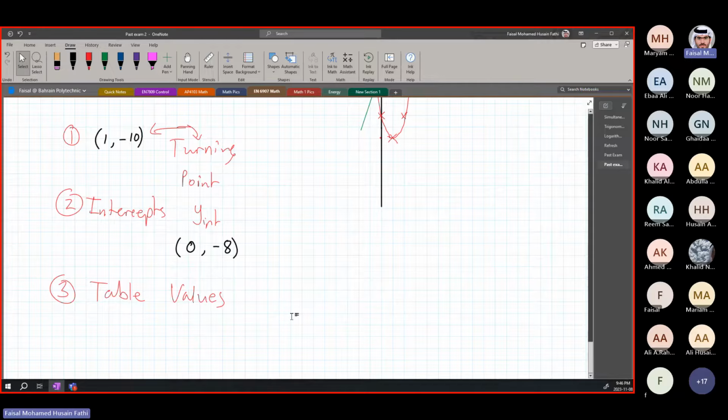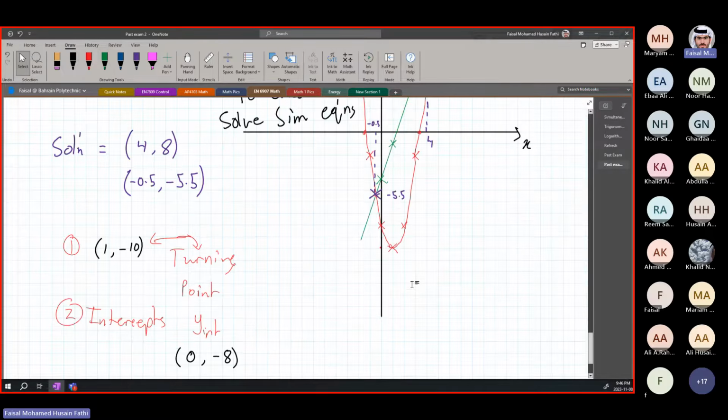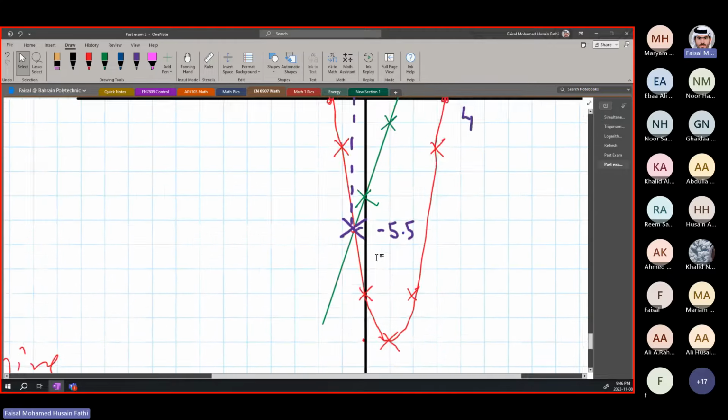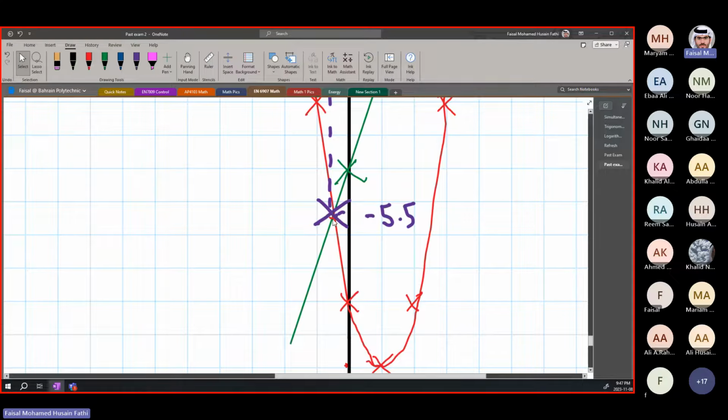How did I find minus 0.5 and 5.5? When I looked here, when I zoomed in a little bit, I noticed the point of intersection. If I just erase the big x point that I made, it's almost right in the center. This is just my assumption.